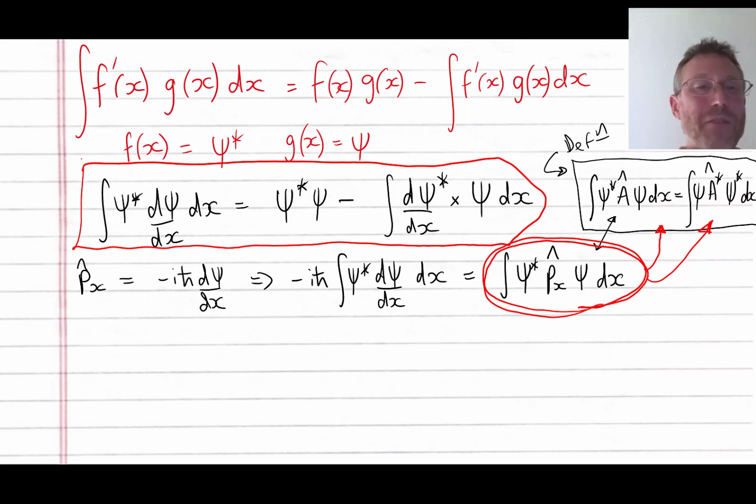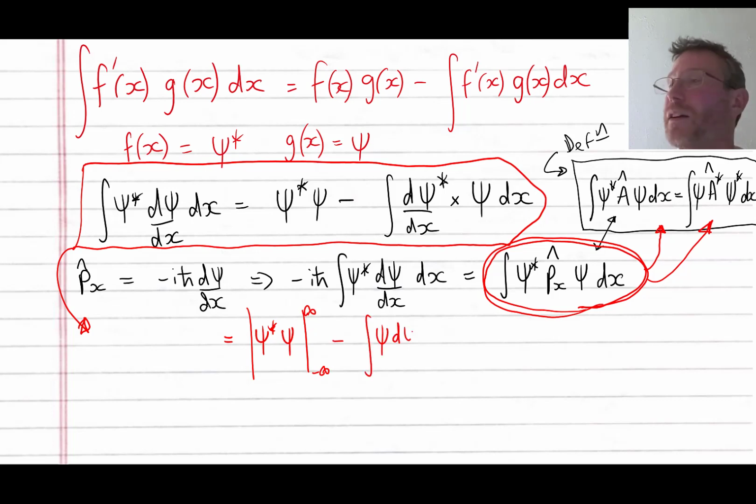So in fact, if we think now about this expression, let's go through this as if it's an integral. This piece is equal to psi star psi, with an integral, of course, and in our particular case we've got the limits of infinity and minus infinity, minus the integral of psi d psi star by dx dx, and that's this piece written in here.